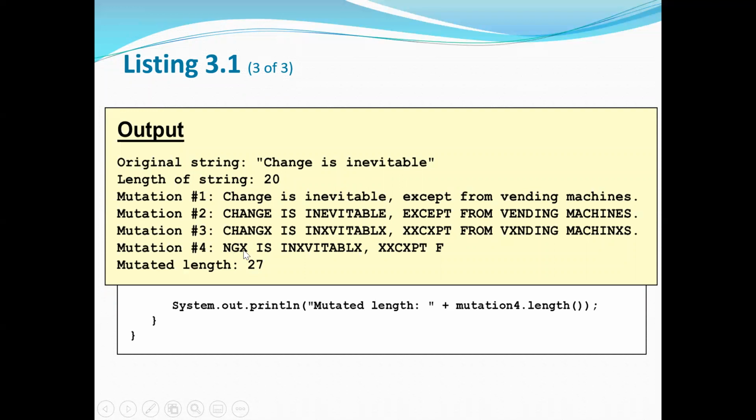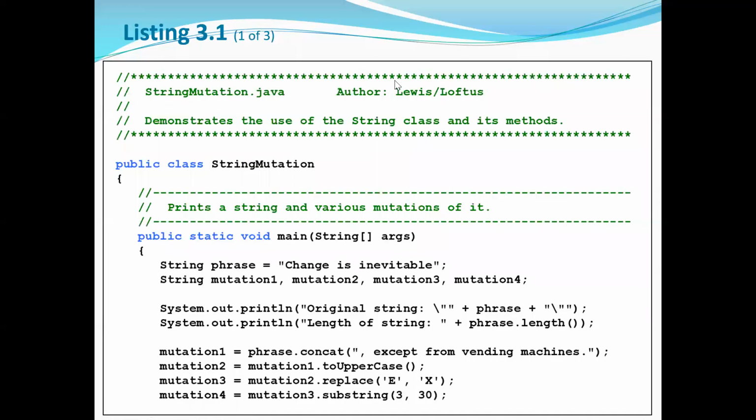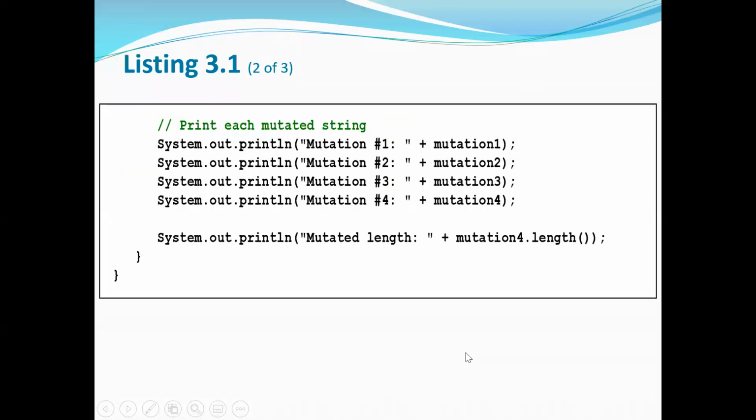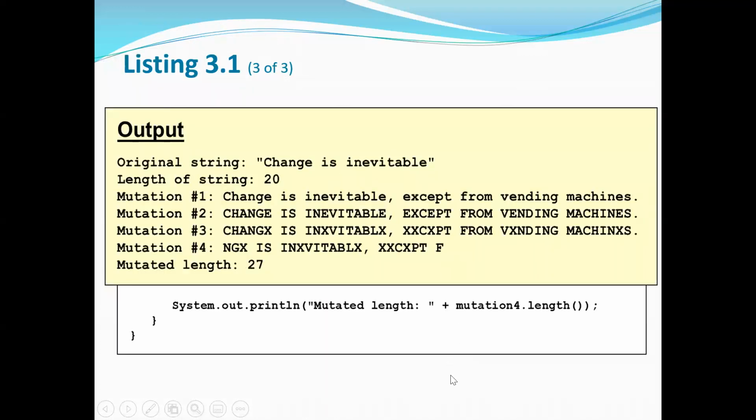So from NGX, remember here we have X because we changed the E to X, replace E with X. What we're doing is getting a substring of the last string here, which is mutation 3, because when we look at the code, it's mutation 3 object.substring. I can say mutation 1.substring, which means I'll go to mutation 1 original and it will start from lowercase ng to reach 30. And that's what is here.